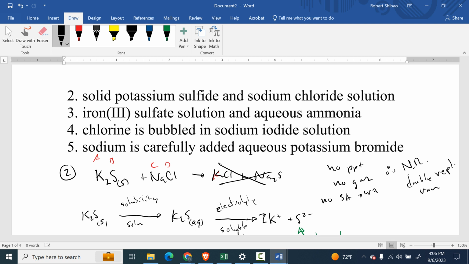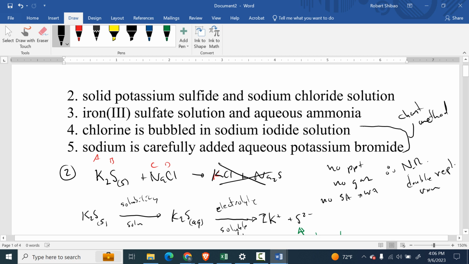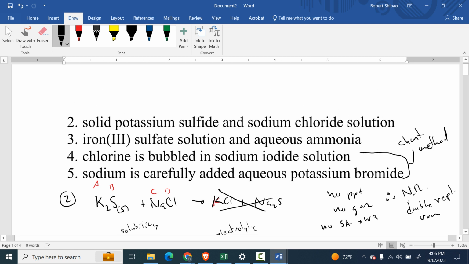Number 4 and 5 kind of look like a single replacement, but don't use the single replacement method for these unless you know the exceptions. Use the chart method for these. All right, so why don't you go ahead and start these.